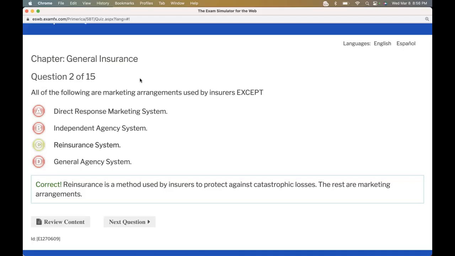Reinsurance is a method used by insurers to protect against catastrophic losses. The rest are marketing arrangements. So A, B, and D, it's all about sales and marketing. C, it's about protection.